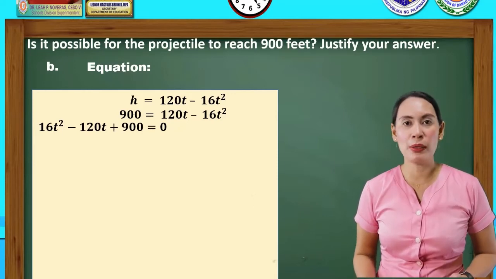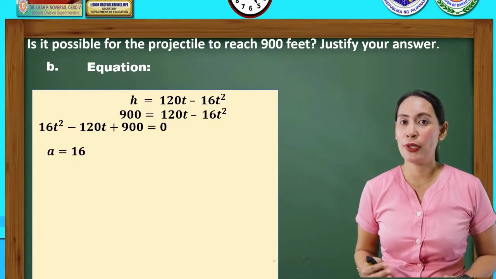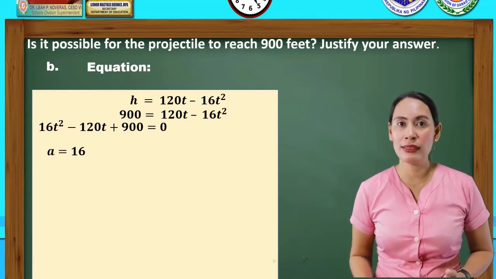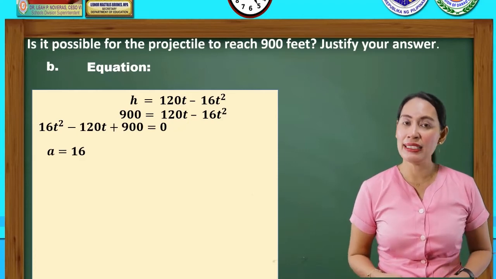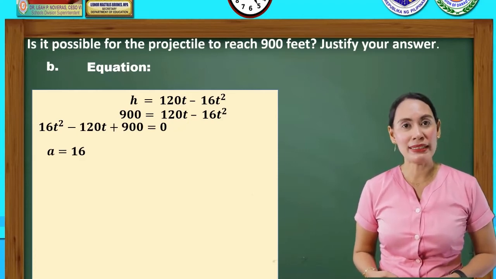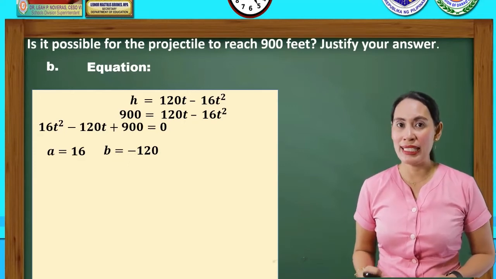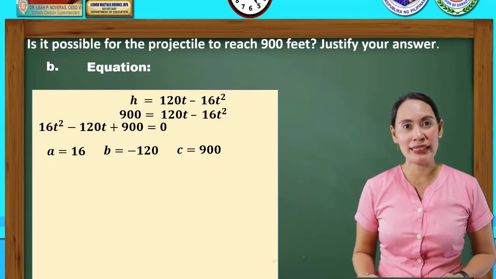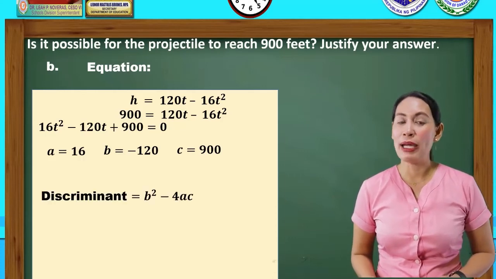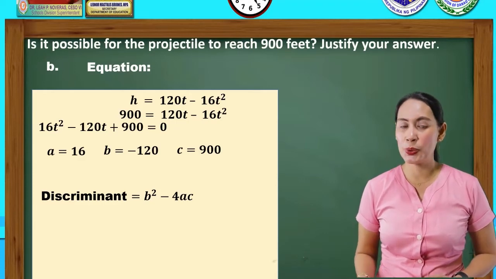In this problem, we use the concept of the discriminant. But before that, let us have the values of a, b, and c. a is equal to 16, b is equal to negative 120, and c is equal to 900. So the discriminant is equal to b squared minus 4ac. Let us substitute.